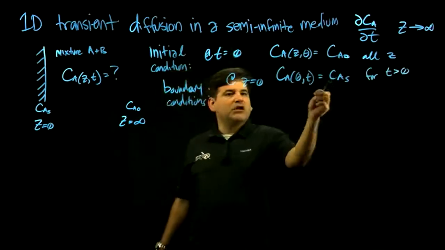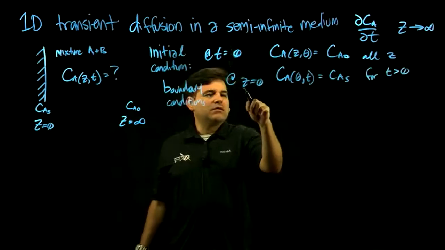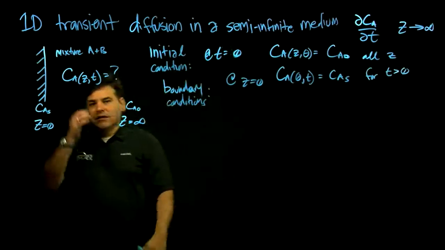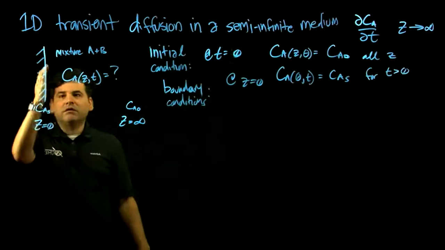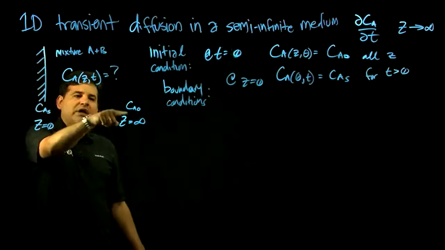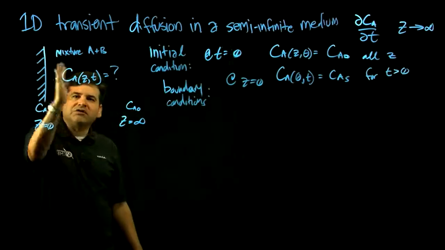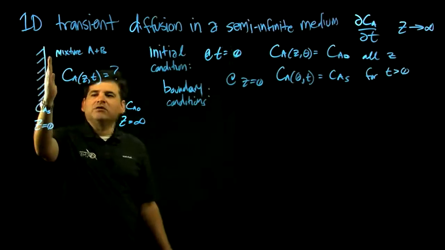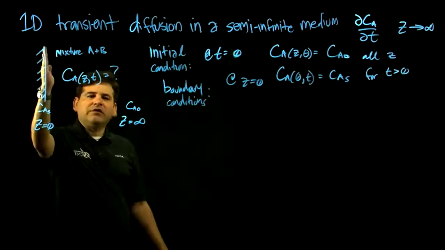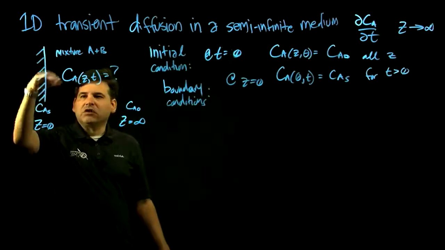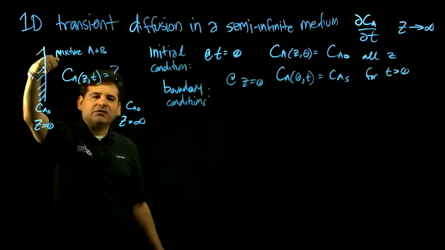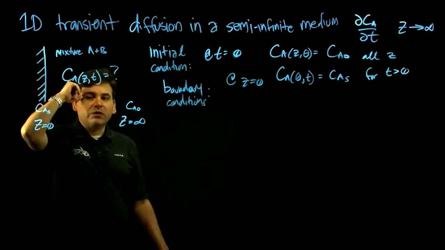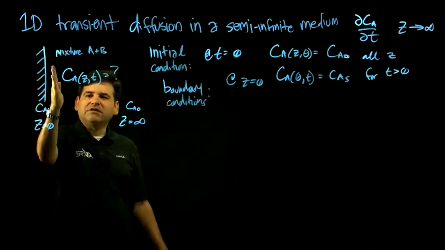So the surface concentration at z equals 0 is going to be greater than the original concentration. That's the driving force to diffuse from the surface outwards, because there's a concentration gradient from high concentration to low concentration. But we're going to assume that the penetration is relatively short.